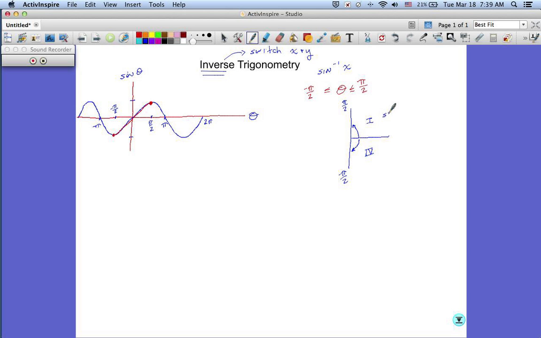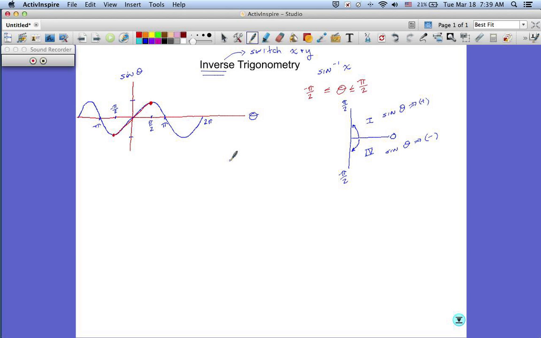In quadrant 1, sine of theta is positive. In quadrant 4, sine of theta is negative. And notice, this is important, we're going clockwise direction and counterclockwise. So we're talking -pi/2 to pi/2. The quickest way you can get there from 0 radians. Okay, either go clockwise or go counterclockwise. Get there as quick as you can.